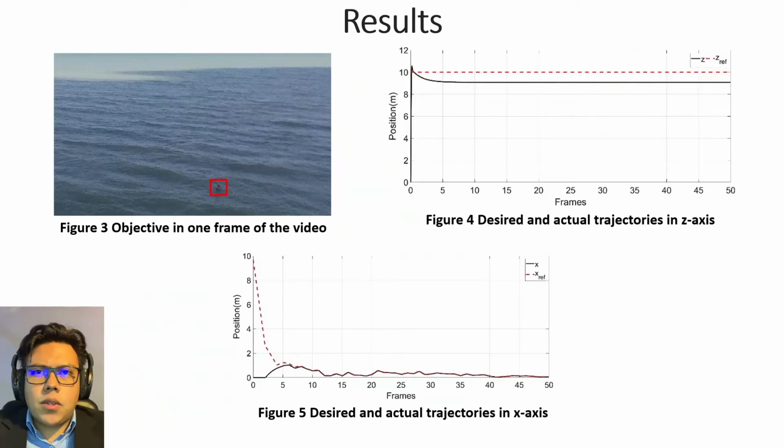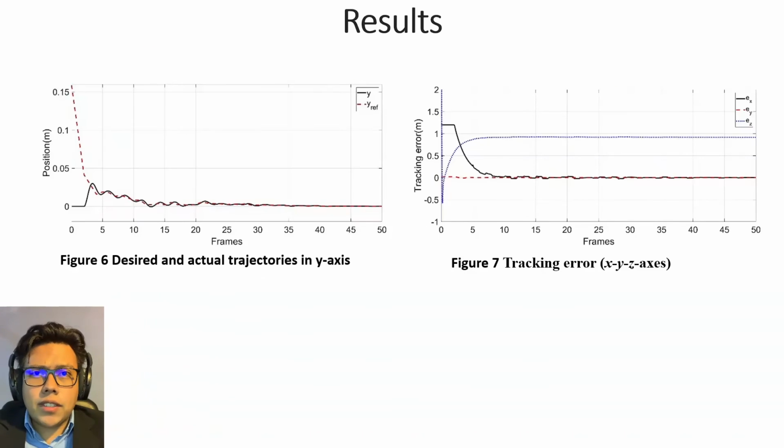It can be seen there was a small error. In Figure 5, the intersection of the UAV position and the object position in the x-axis can be seen. Figure 6 is the same, but now for the y-axis. Meanwhile, in Figure 7, the error for the 3 axes is shown.